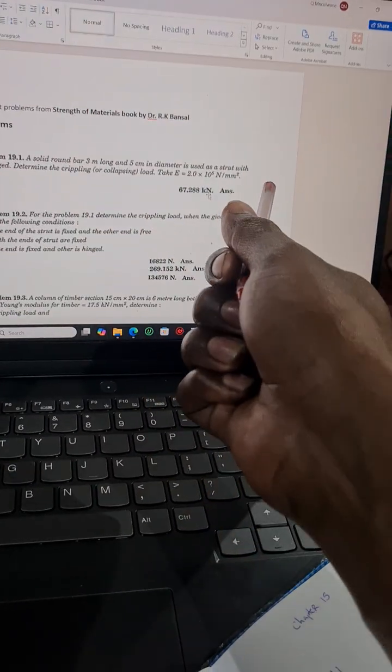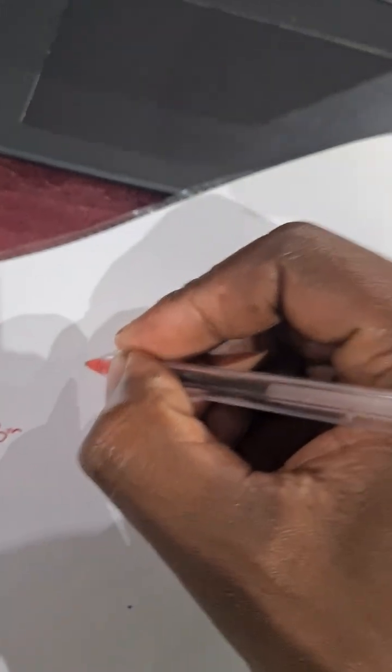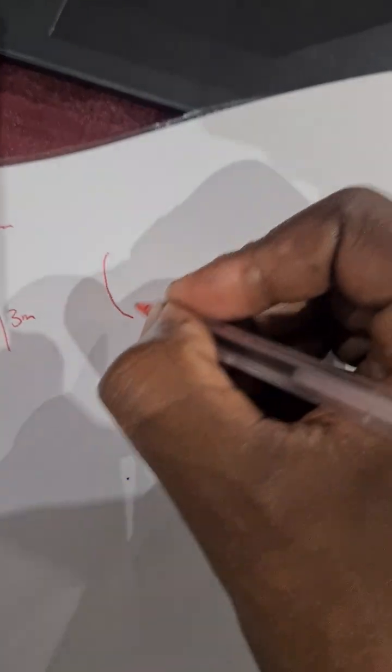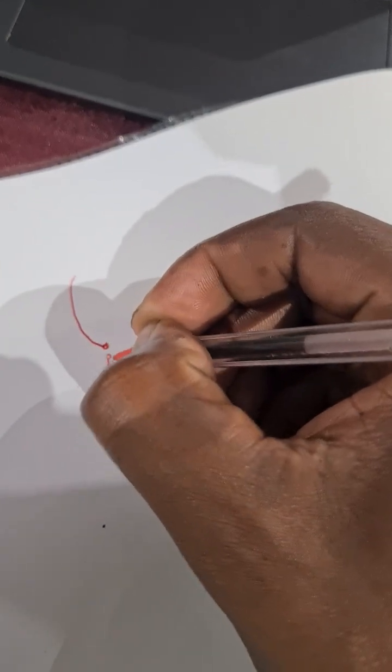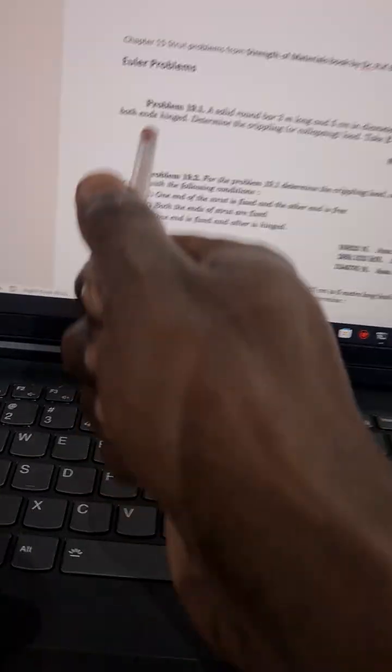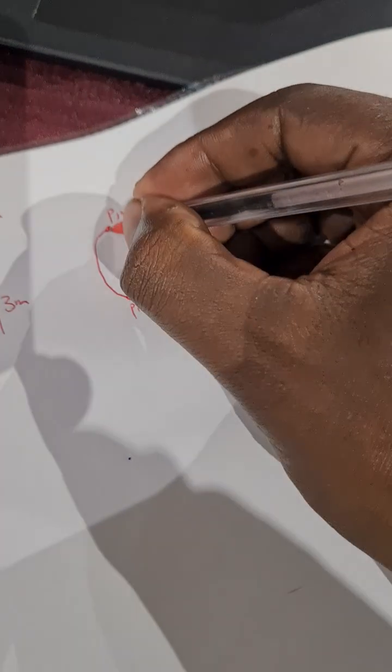So the keyword round is used as a strut. Both ends are fixed. In this case, we can draw it failed, remember, and there's a pin here, hinged, and a pin here. So it failed. Remember, it's 3 meters.